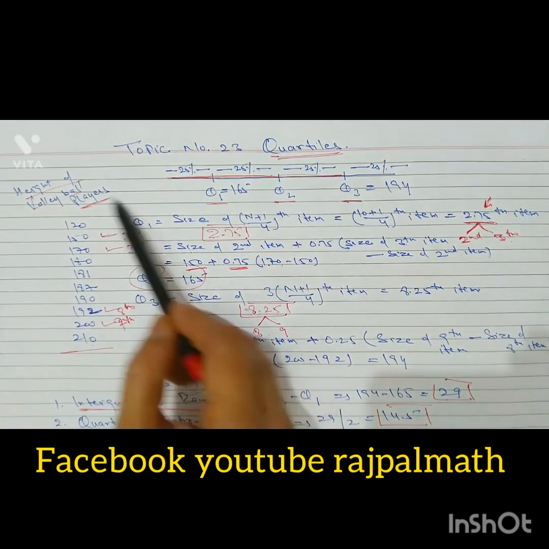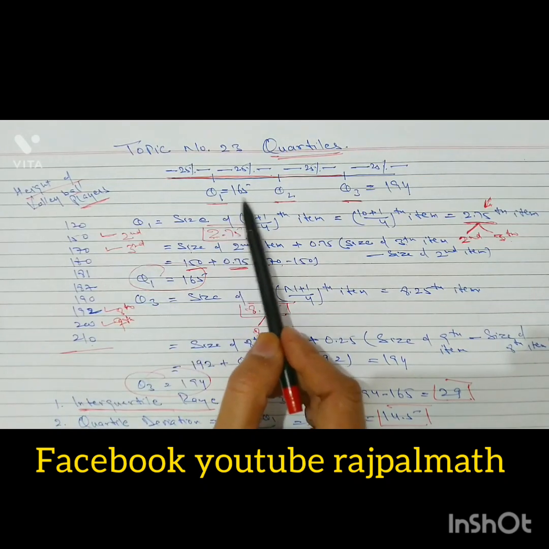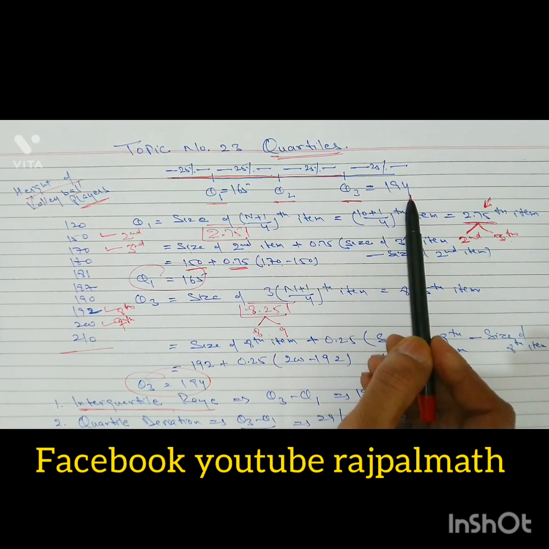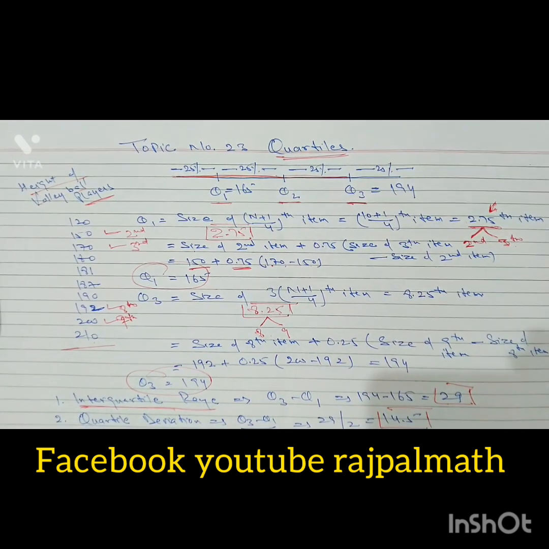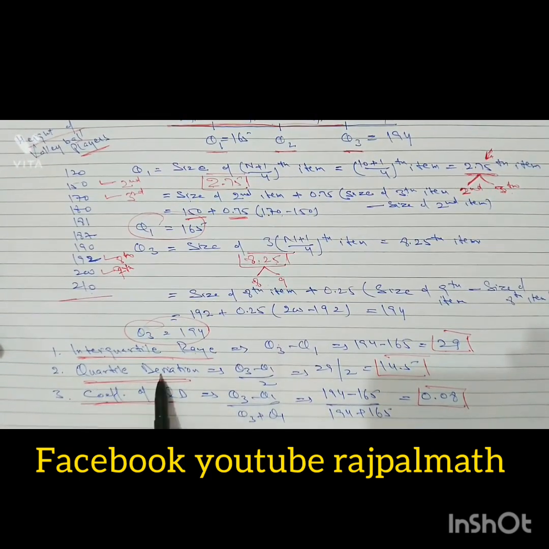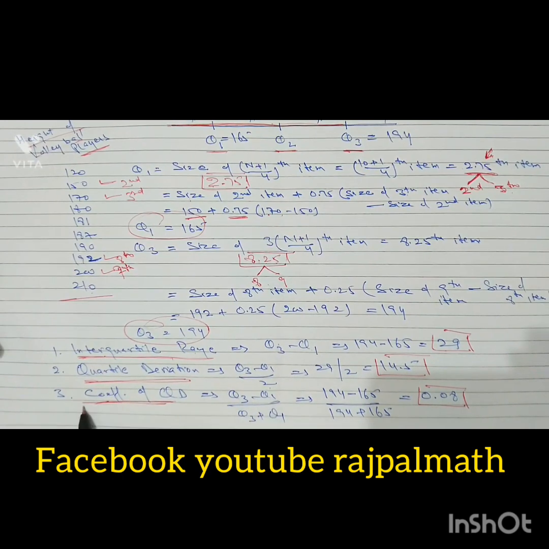Here heights of volleyball players are given. Q1 is 165, Q3 is 194. Then interquartile range is Q3 minus Q1, quartile deviation is Q3 minus Q1 by 2, and coefficient of quartile deviation is Q3 minus Q1 by Q3 plus Q1.